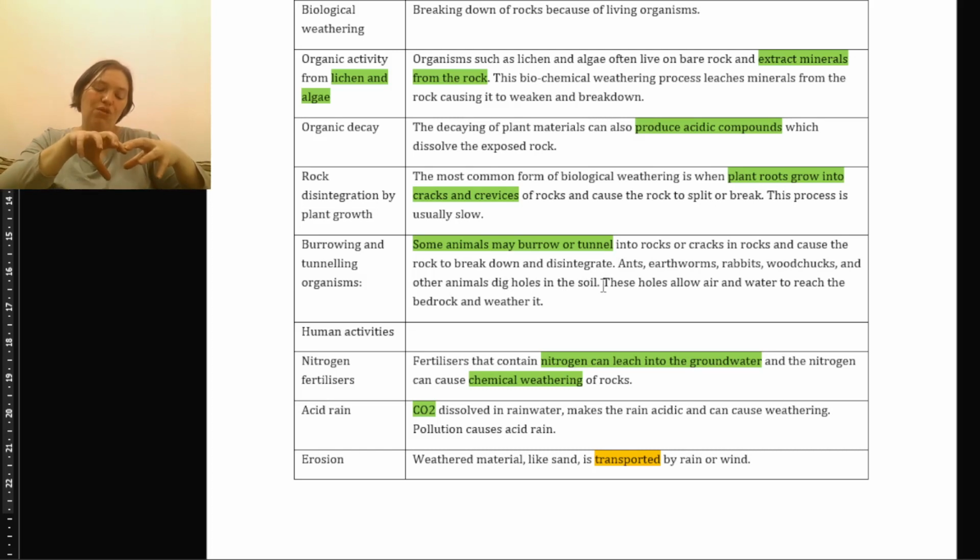And when you've got holes in the soil, water and air can come into it, and then that can cause mechanical or chemical weathering. I said mechanical, physical, same thing. So it's either that some animals burrow into the rock or little cracks in the rock, or that animals dig holes in the soil, which causes water and air to reach the rock, causing other types of weathering. Okay, so that was weathering.